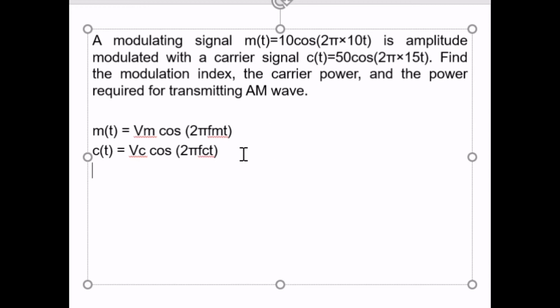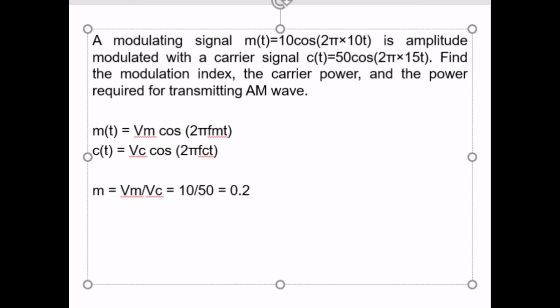So for the modulation index, m should be equal to Vm over Vc. So you get 10 divided by 50 and you will get a modulation index of 0.2.